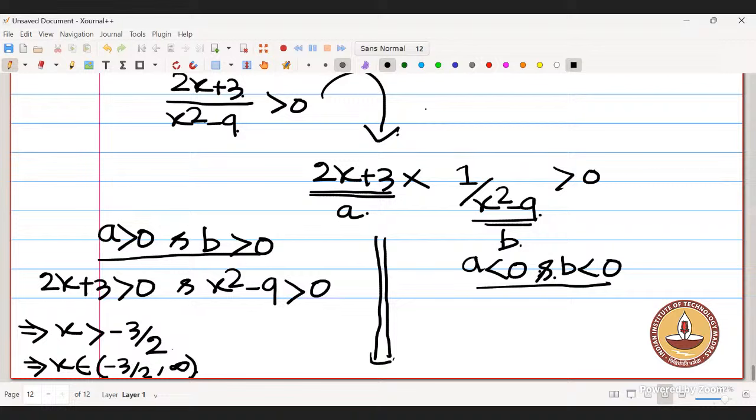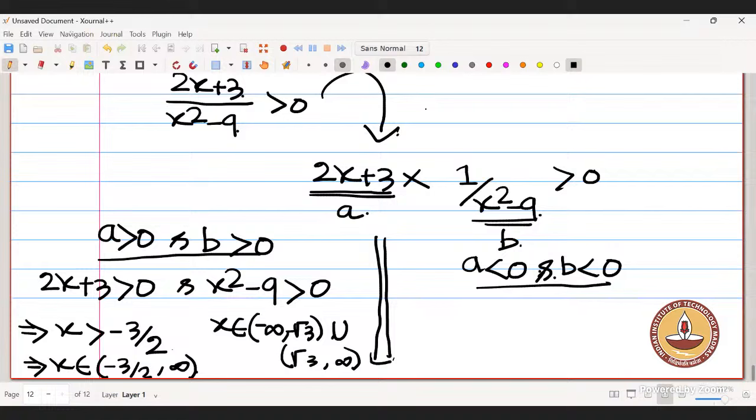And here, what is the range? x is in between minus infinity to minus 3, union 3 to infinity. But what do we want? We want both the things to hold simultaneously, right?